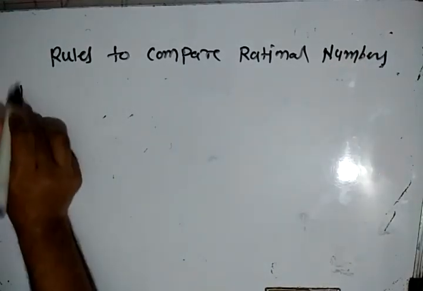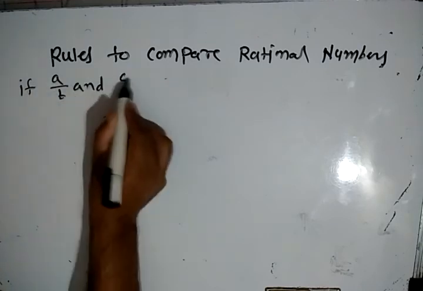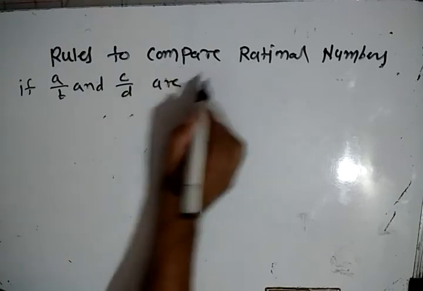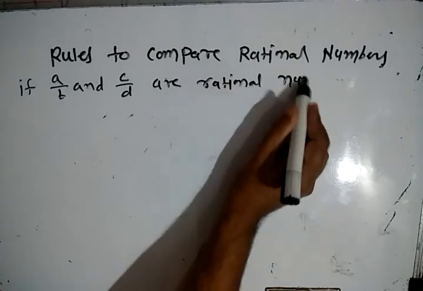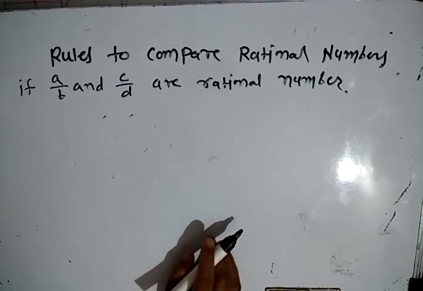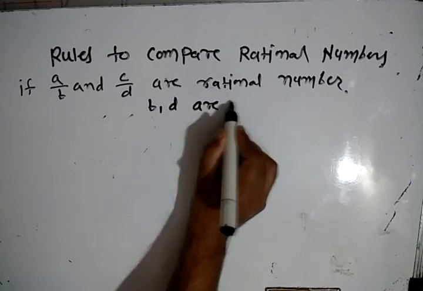If A upon B and C upon D are two rational numbers, and B and D are positive.